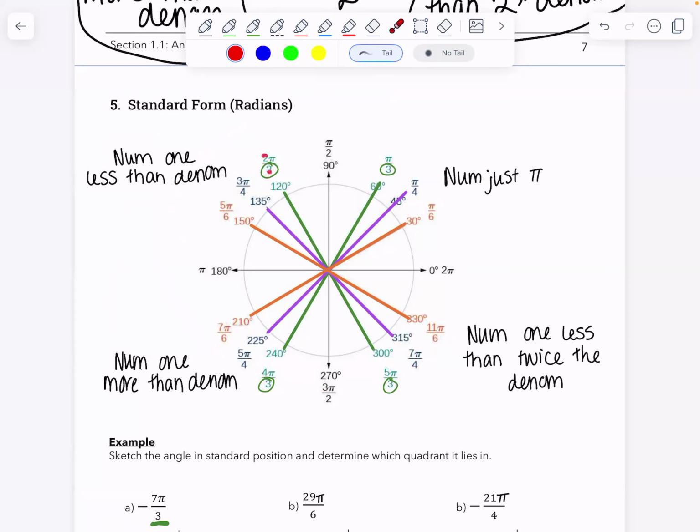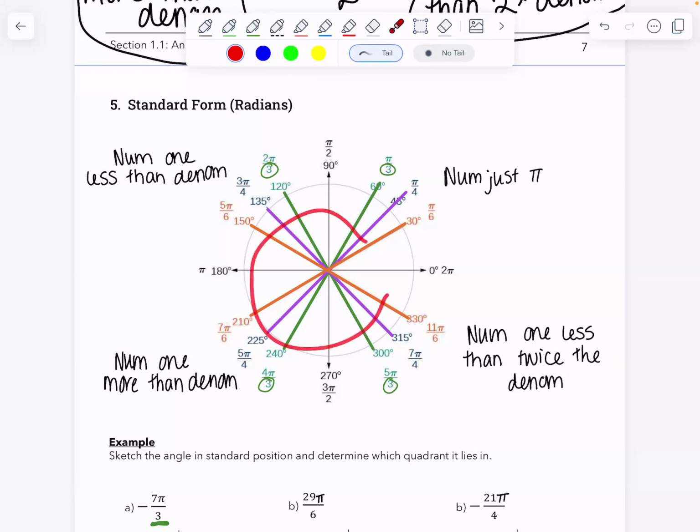So 2 is 1 less than 3, 3 is 1 less than 4, 5 is 1 less than 6. Quadrant 3, the numerator is 1 more than the denominator. So 7 is 1 more than 6, 5 is 1 more than 4, 4 is 1 more than 3. And over here, the numerator is 1 less than twice the denominator. 6 times 2 is 12, minus 1 is 11. 4 times 2 is 8, minus 1 is 7. 3 times 2 is 6, minus 1 is 5.